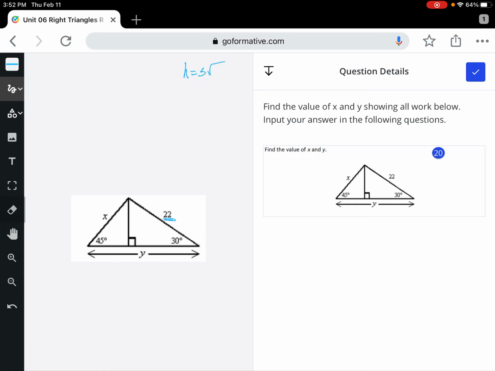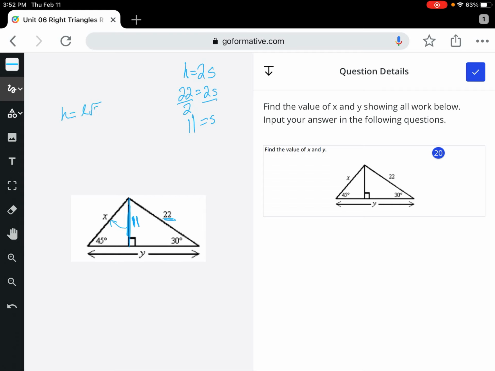Well, the hypotenuse is equal to 2 times my short leg. So if my hypotenuse is 22, my short leg, which is this leg right here, has to be 11.